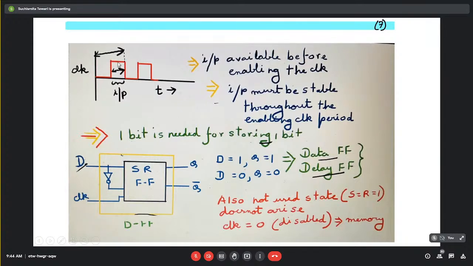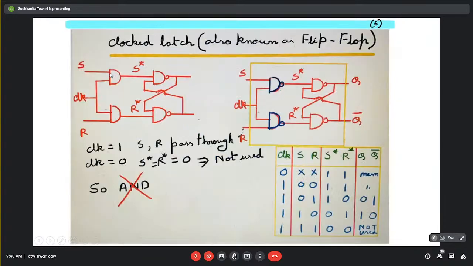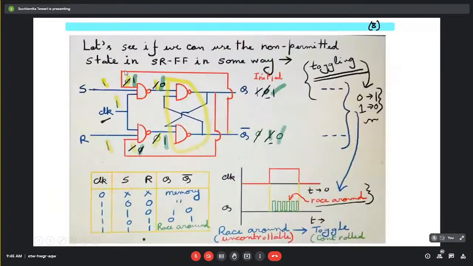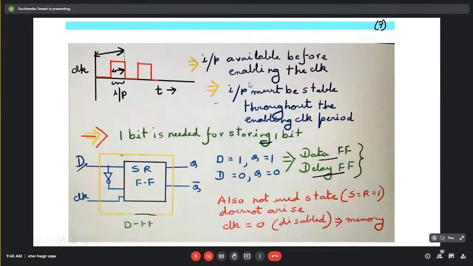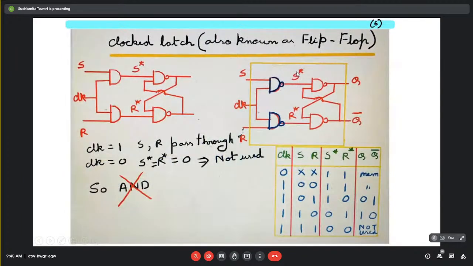So now if during this enabling period of the clock cycle, the input changes suddenly, S and R values change in this time, that will definitely affect or influence the corresponding outputs over here and hence over here.